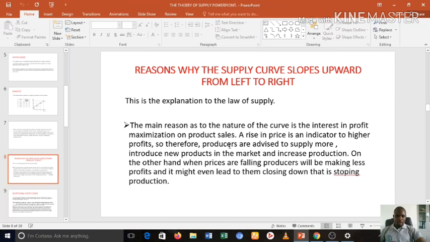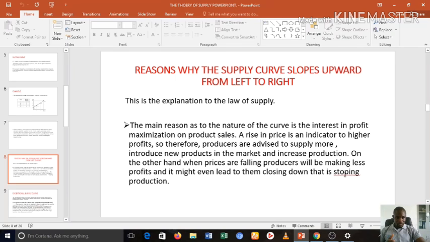So therefore, producers are advised to supply more, introduce new products in the market, and increase production. On the other hand, when prices are falling, producers will be making less profit, and it might even lead to them closing down, that is, stopping production.